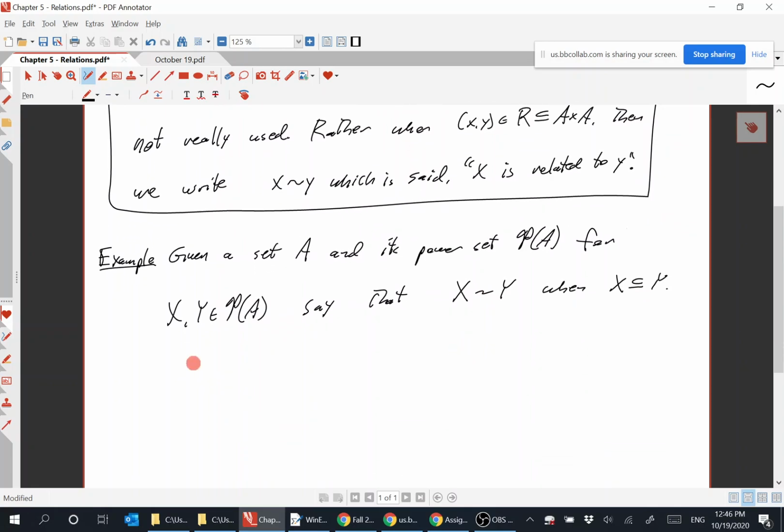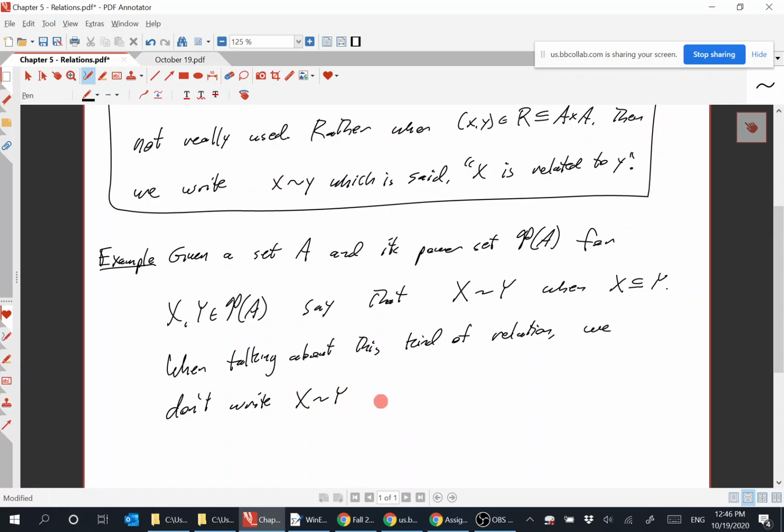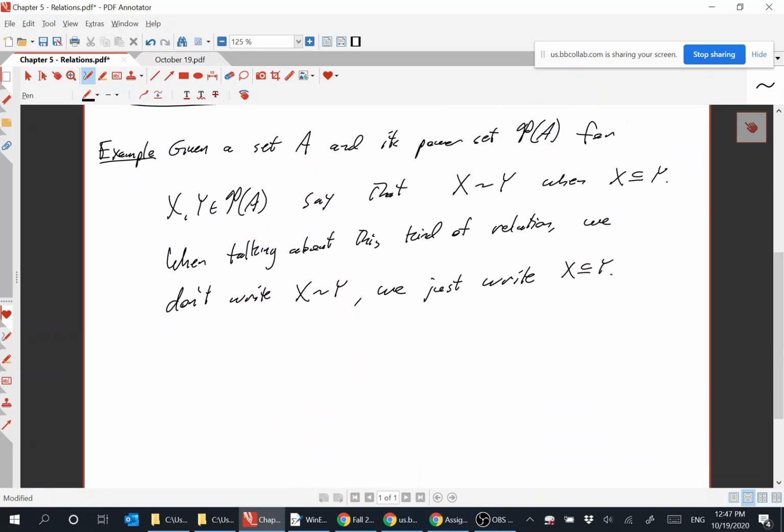When talking about a specific type of relation like this, we don't write x is related to y like that. We just write the specific relation symbol. X is a subset of y because it's a very specific relation.